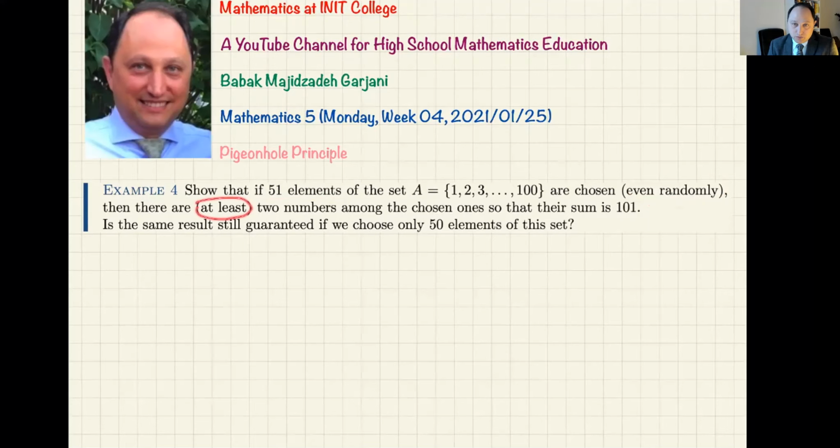Are chosen even randomly, then there are at least 2 numbers among the chosen ones whose sum is 101. Is the same result still guaranteed if we choose only 15 elements of this set?